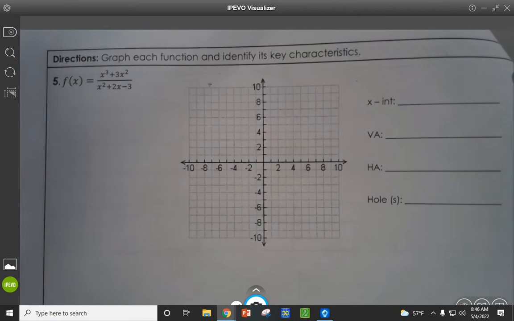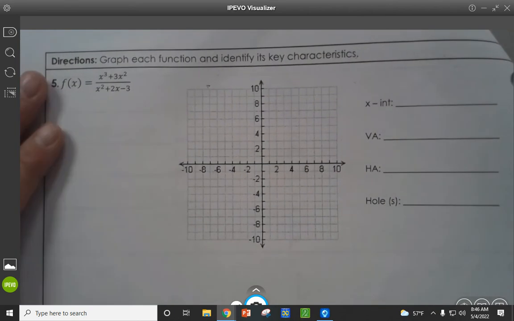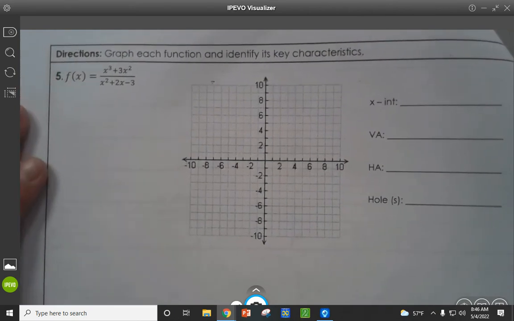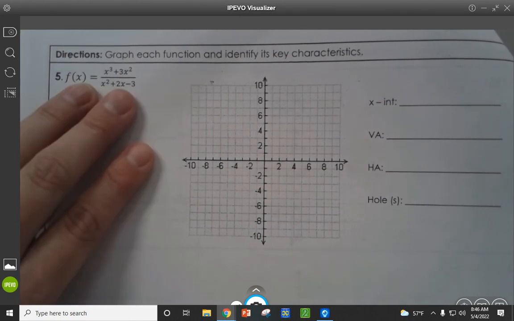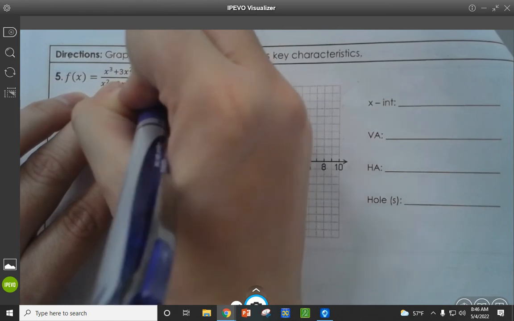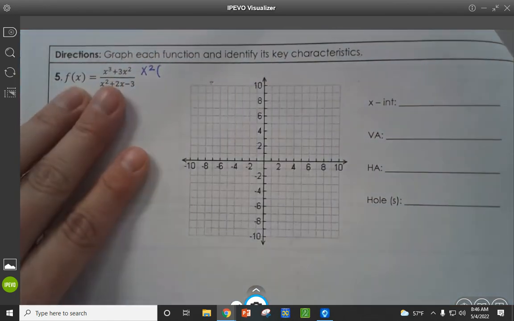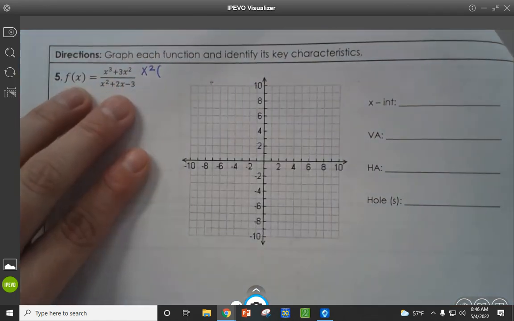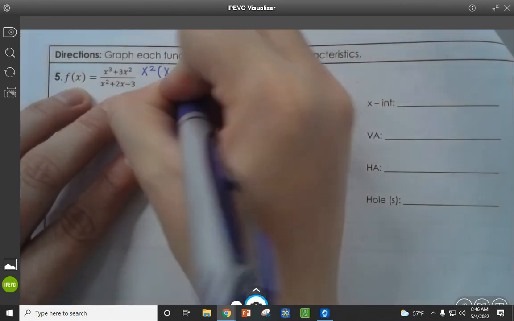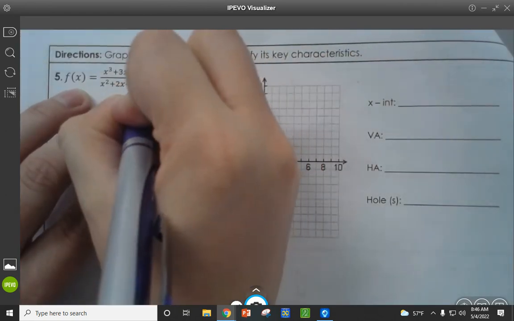So number 5, let's go ahead and factor. What about the numerator? Can we do anything with that one? They have a common factor, a GCF of x squared. So when we factor out x squared, we're left with x plus 3.